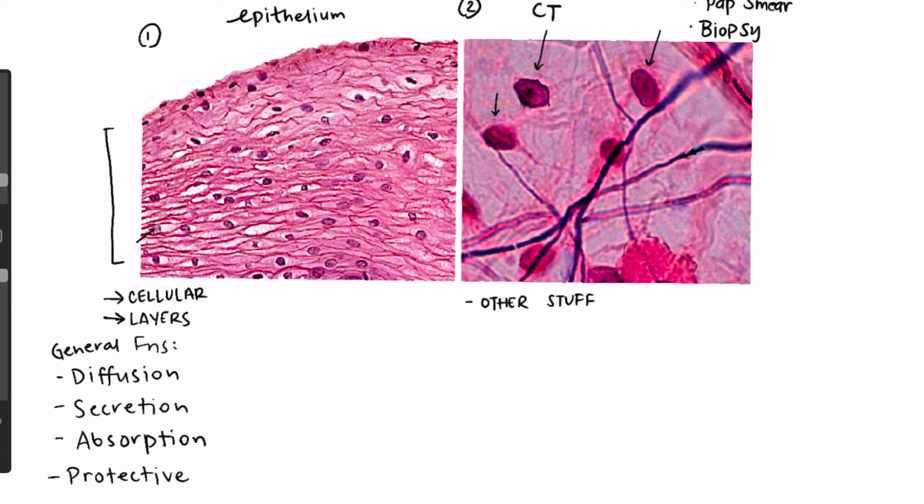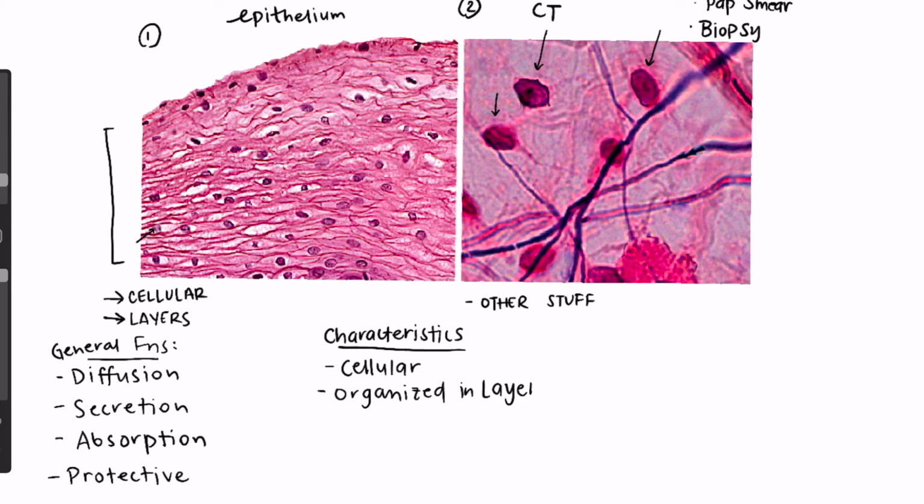And then characteristics of epithelia, as we said, highly cellular. That just means lots of cells. Organized in layers. One interesting thing about epithelium is that it is actually avascular.